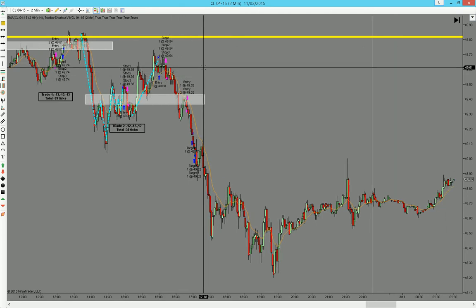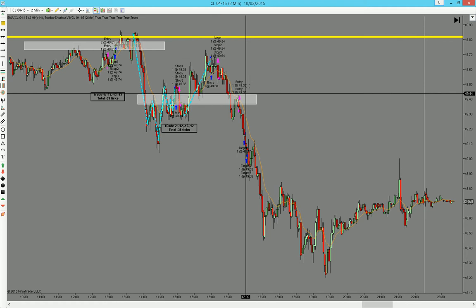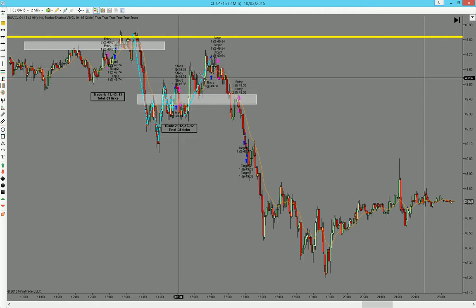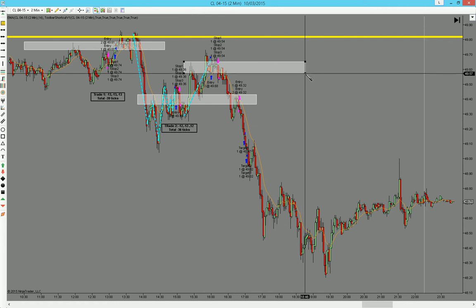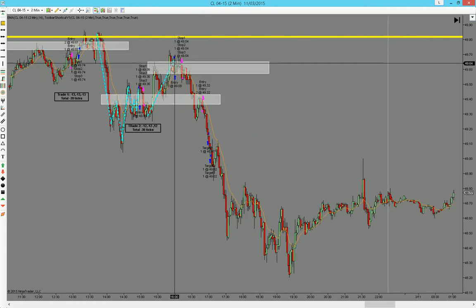Then next setup came right after the break of this area. There was a pullback into the area, giving us a re-entry long.